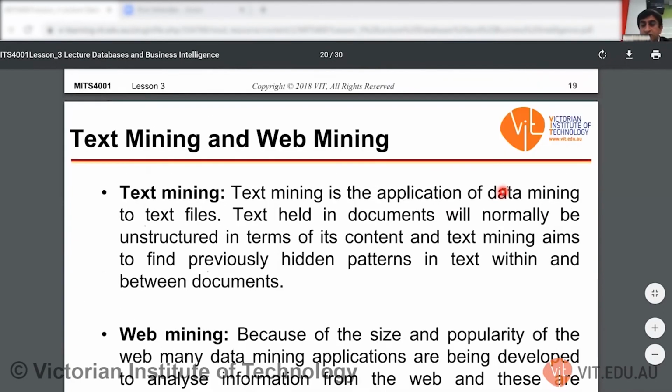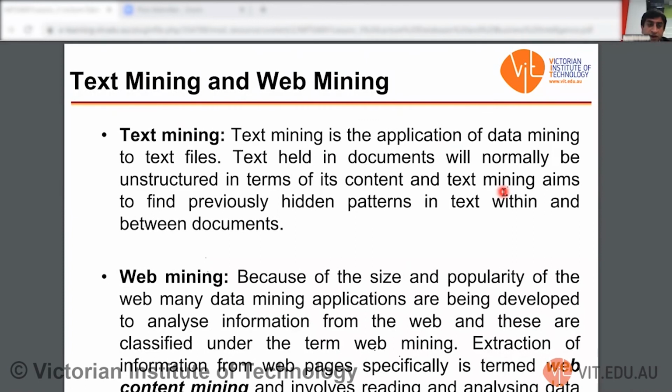So in terms of data mining, what can we mine? What kind of information is useful? What kind of information can we use? An example of text mining is the application of data mining to text files.